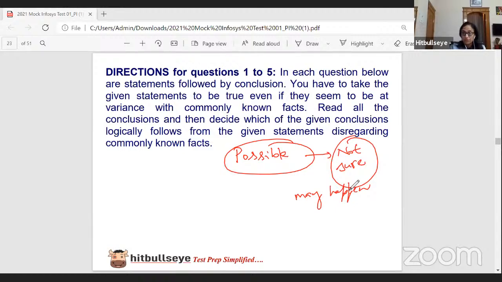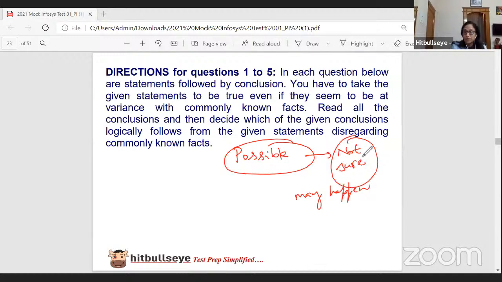Now, answer this question very carefully. It's already raining outside, and you tell me that it is possible to rain today. Will it be a correct sentence? You are already observing rain outside, and you are giving me information that it's possible to rain today. Is it a right sentence? Of course not. It's already raining. How can you use the word possible now?